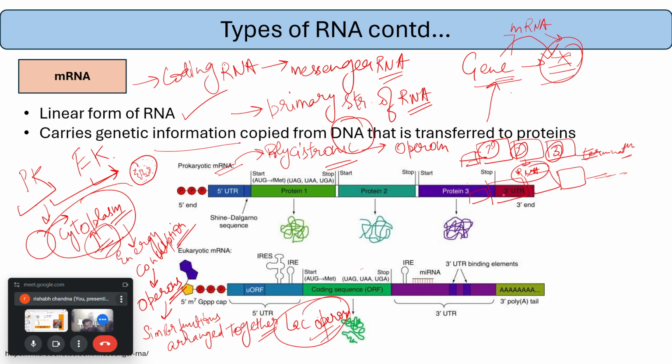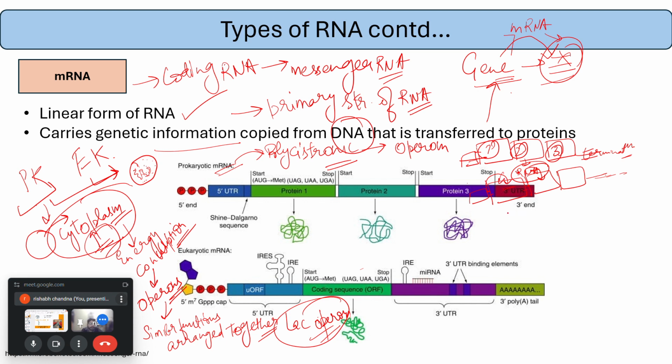Then if different proteins need to be formed from these particular RNAs, there will be a Shine-Dalgarno sequence that we'll talk about during the protein synthesis. The Shine-Dalgarno sequence helps in the expression of this particular protein, and it is followed by the Shine-Dalgarno sequence for the next protein, and the termination codon for the previous protein.